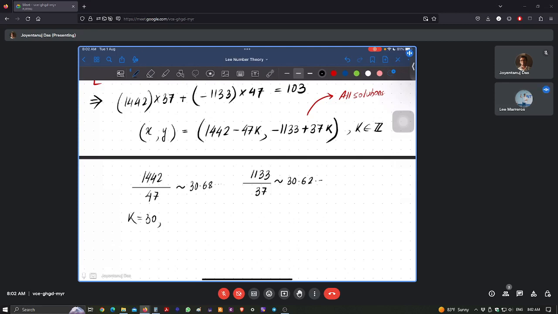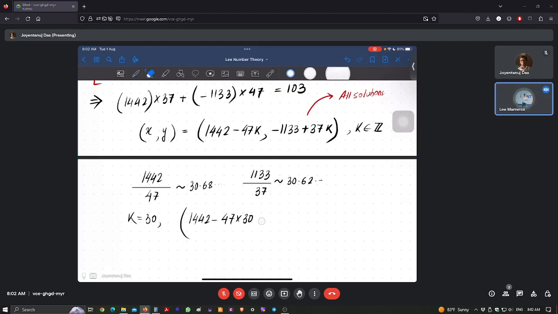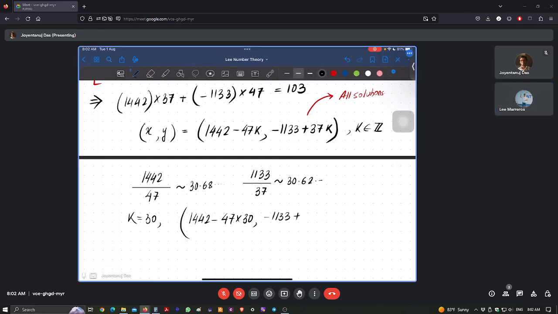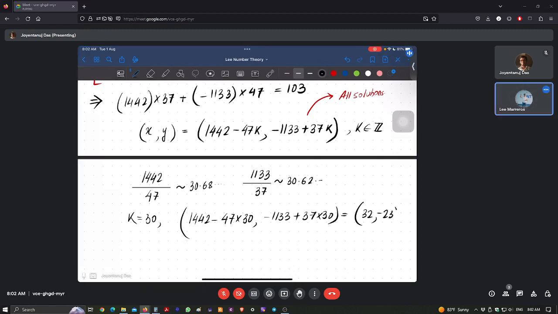If k equals 30, then the first is 32, and the second quantity is minus 23, right? And 73.